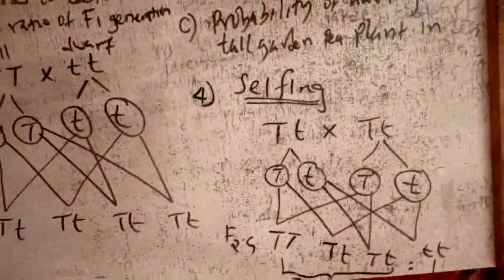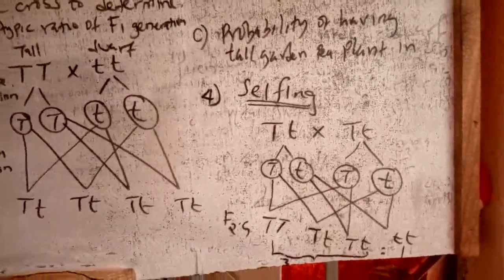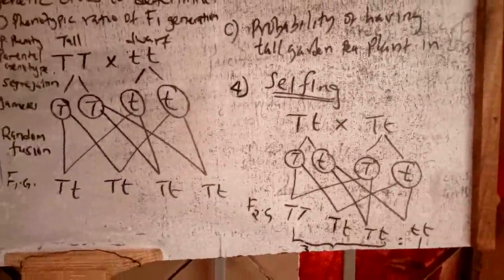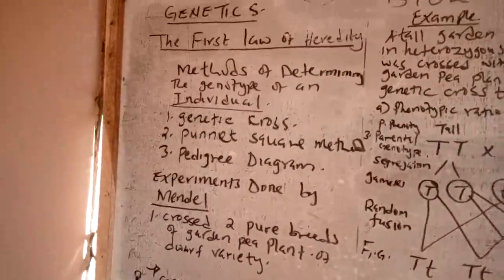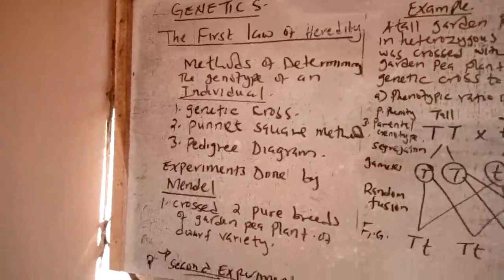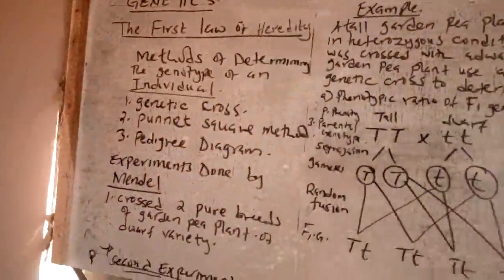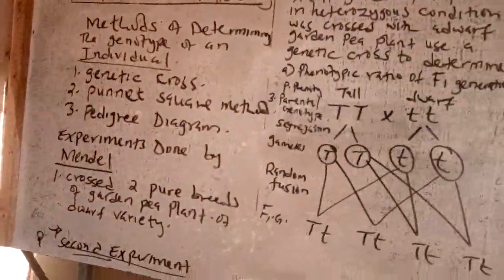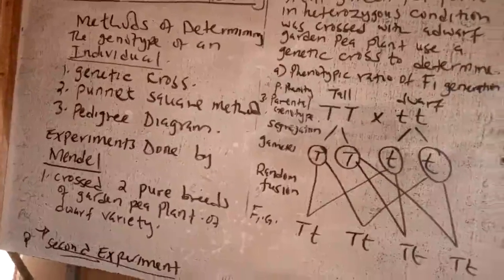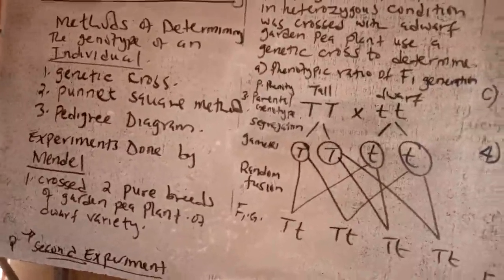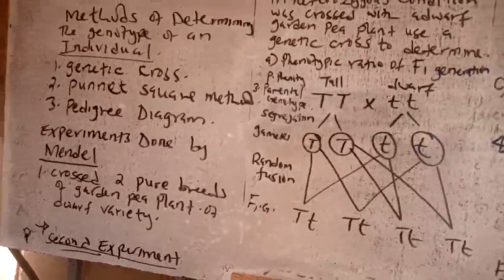After all this work, it is very evident that he was able to formulate hypotheses and laws. The first law that he came up with is the first law of heredity, and it states that the characteristics of organisms are determined by internal factors or hereditary factors which occur in pairs, and only one of the pair of such factors can be represented in a single gamete.